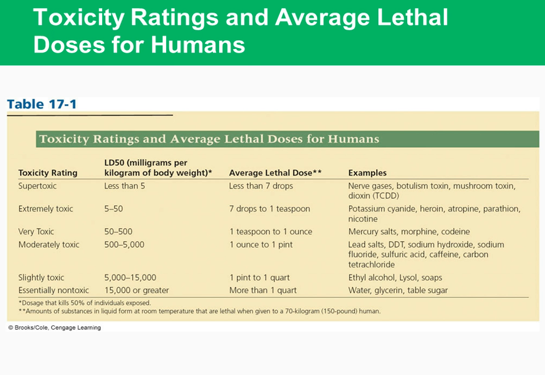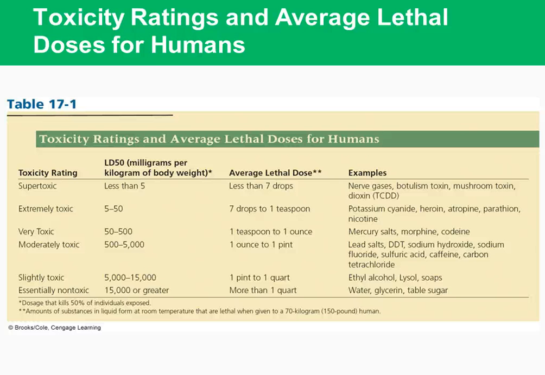And here's a list of how we classify toxicity. You'll see super toxic things are less than 5 milligrams per kilogram of body weight. So lethal dose, it says less than 7 drops. Nerve gas, botulism, mushroom toxin. Why somebody would inject botulism into their face to cure wrinkles, I don't know, because less than 7 drops ingested will kill you.